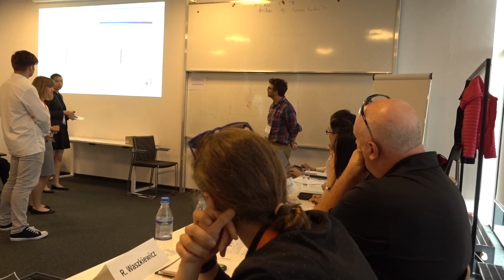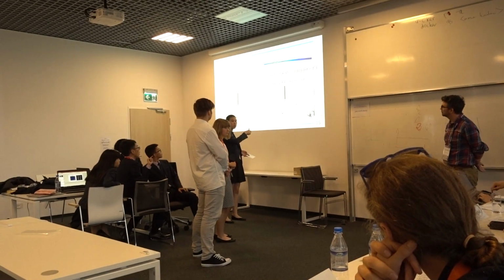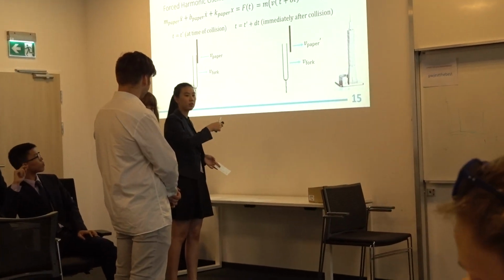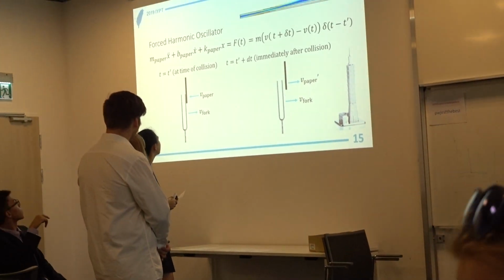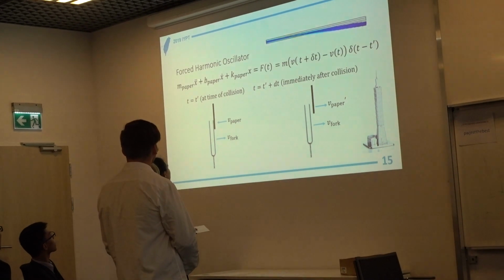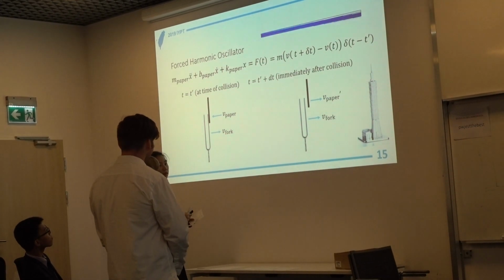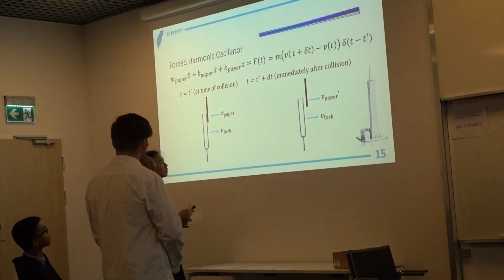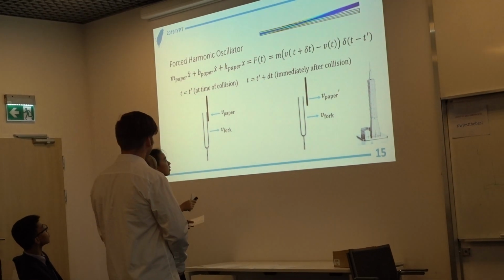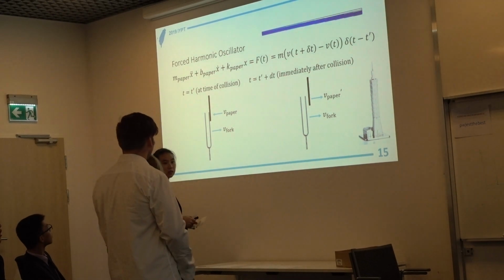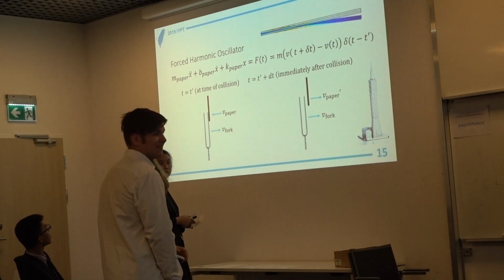No, this is the change. On the left-hand side, the units are probably mass times acceleration. And on the right-hand side, do I also get mass times acceleration? Yeah, this is mass and velocity, and then we get time from the Dirac delta.